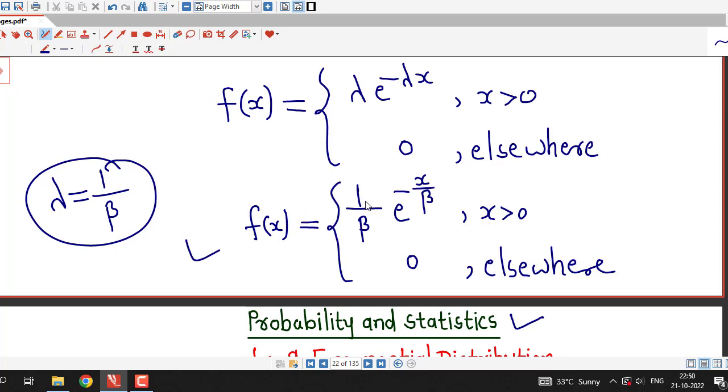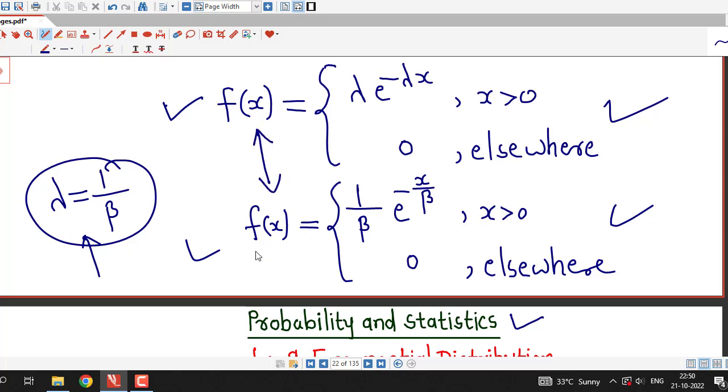Some authors are using this PDF formula for exponential distribution, and some are using this one. So as per the question, we have to decide whether to use this one or this one, and this is the relationship for converting this form into this form and vice versa.